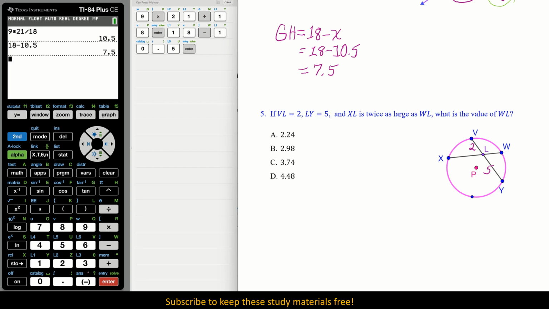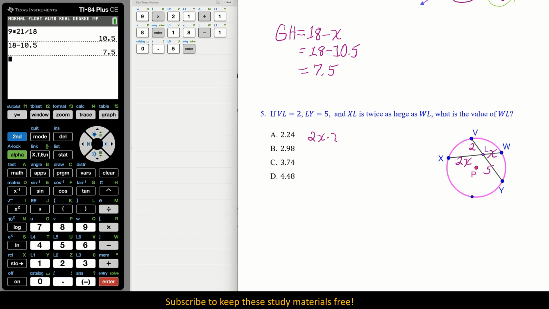That means we're going to say WL is X and XL is 2X. We can solve this algebraically because when you have two segments crossing and intersecting inside of the circle, you take the little segments of each one. Let me lay it out for you.